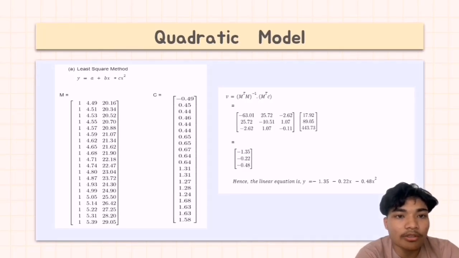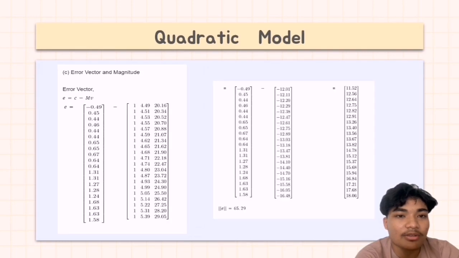For the quadratic model, first we set up the formula, which is y equals a plus bx plus cx squared. Then we can construct its normal equation. With that, we can obtain the least square solution, which is negative 1.35, negative 0.22, and negative 0.48.